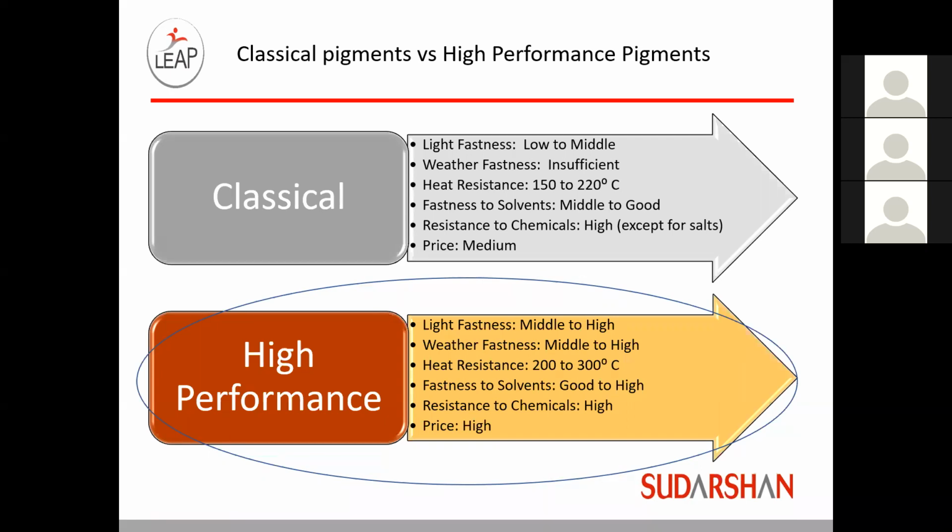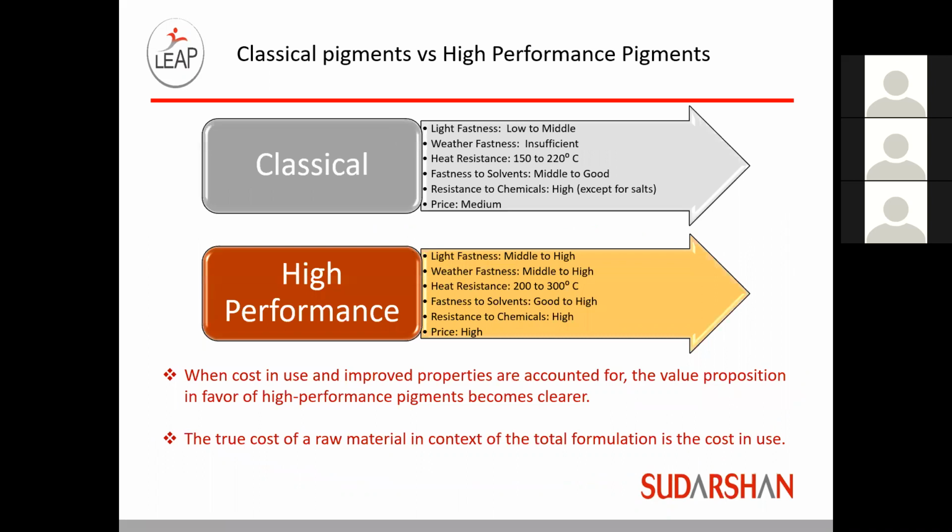Unfortunately, they do come with a higher price than the classical pigment, but there is more than one way to look at the price of a pigment. The high performance pigments, we tend to address them more for the value that they bring to you as a colorant versus just the dollar per pound.